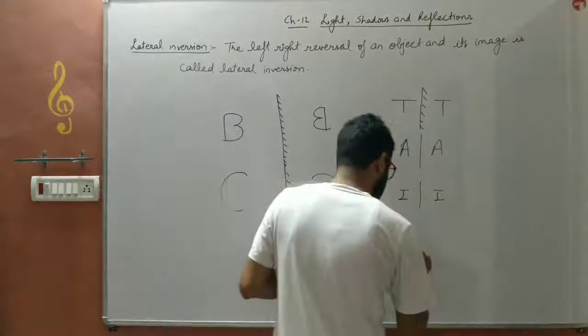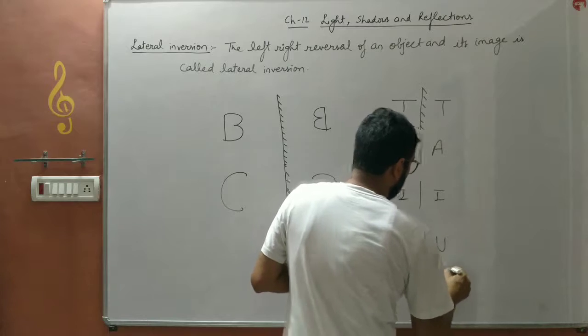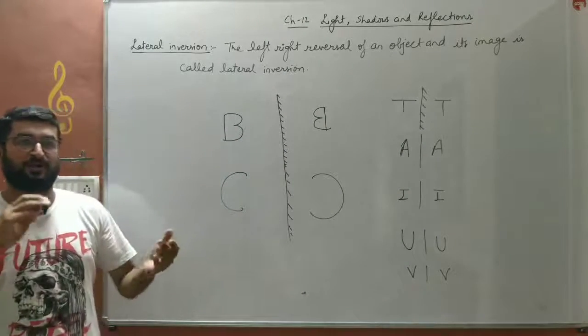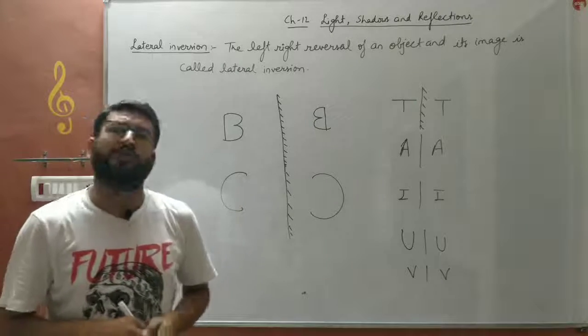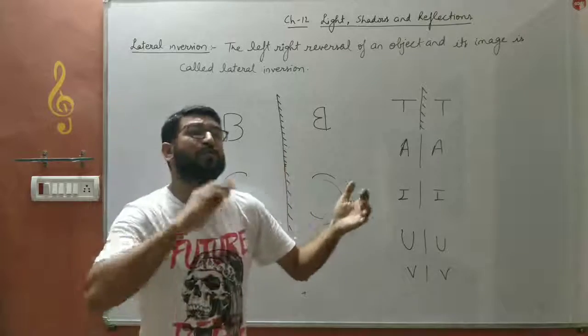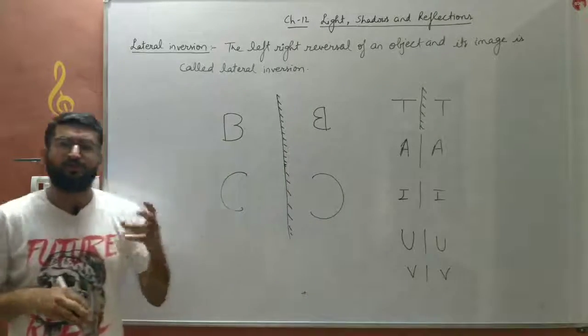So these are the certain alphabets which do not undergo lateral inversion during image formation. Otherwise, usually the letters will change, left-right inverted, and then appear inverted.